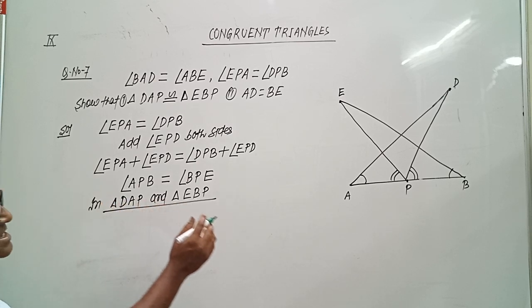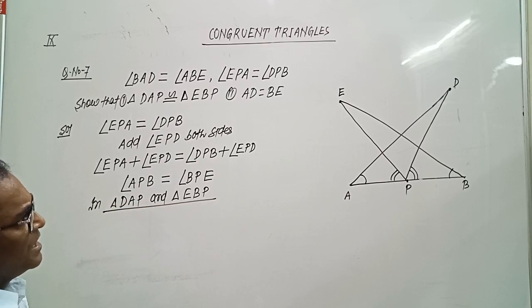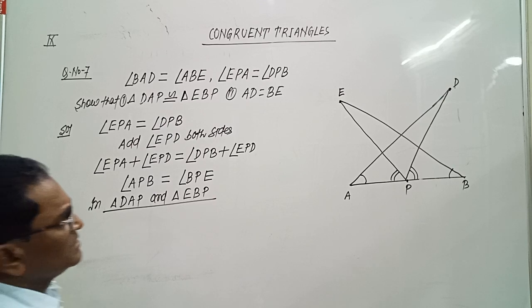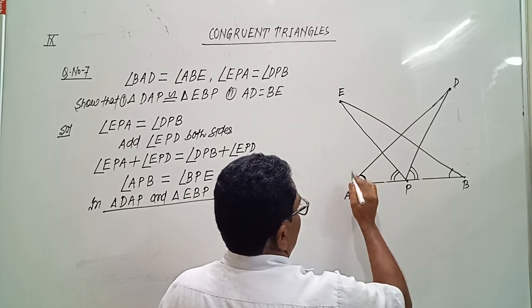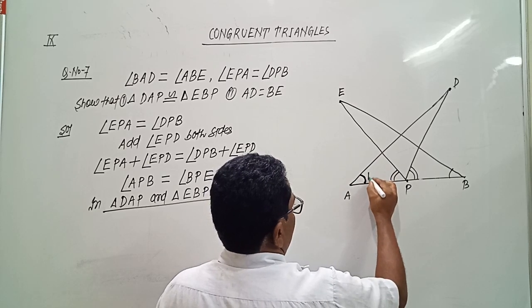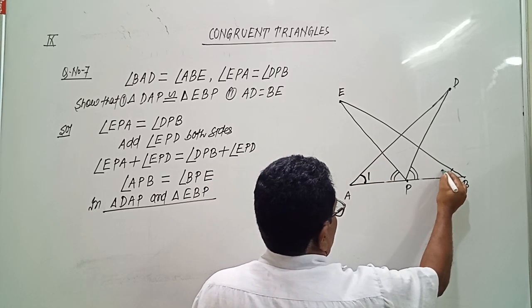So name this angle BAD angle 1 and the other angle 2.